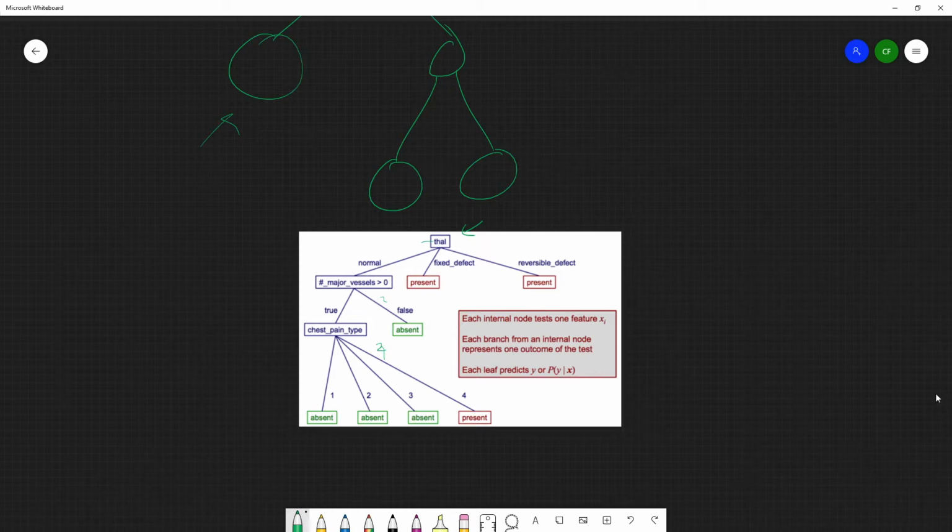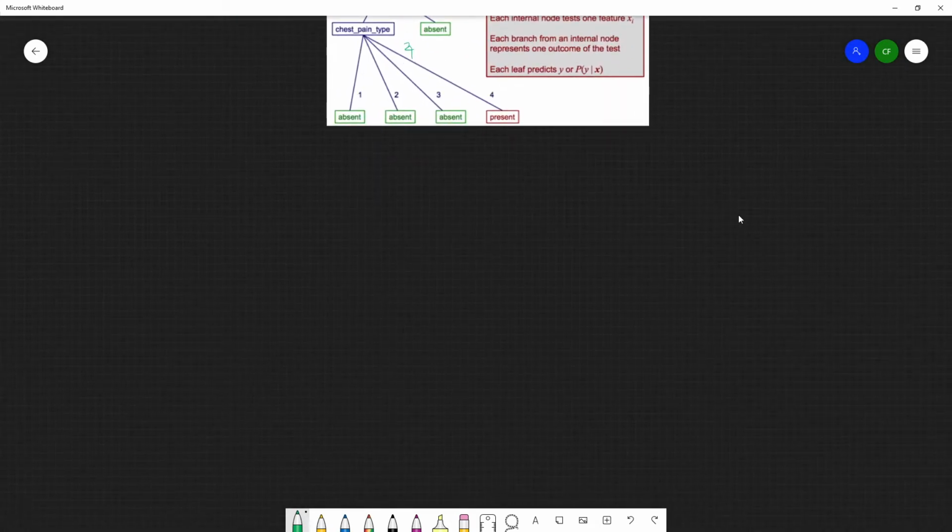So, for example, we had a very simple tree for a logical type of thing. We say that y is equal to x1 or x2. A tree that could classify this accurately would be x2 equals true as our first node.